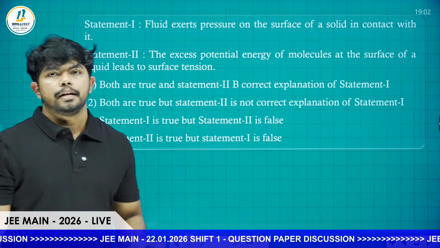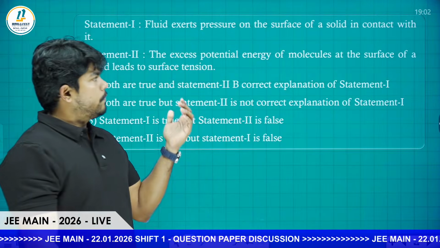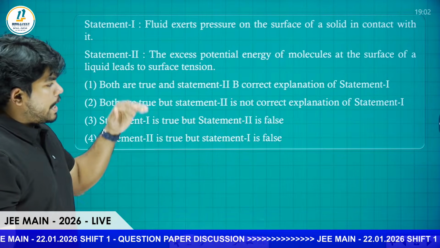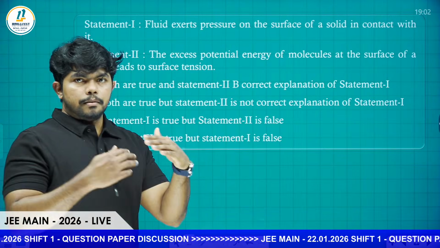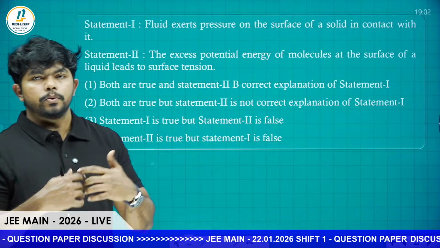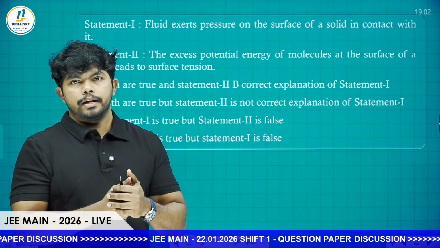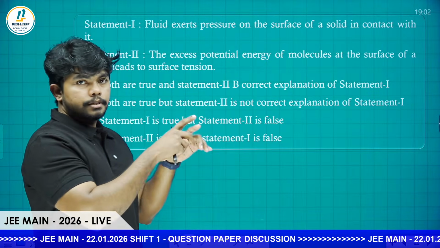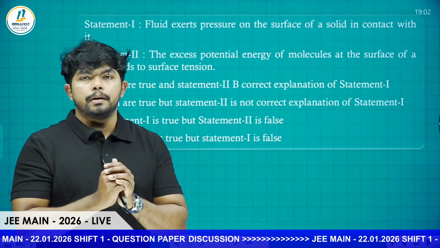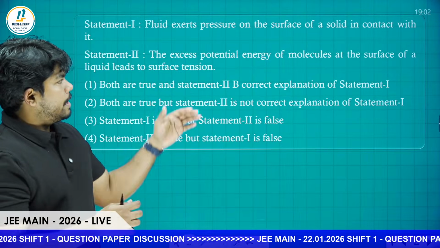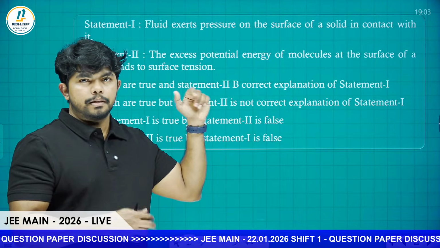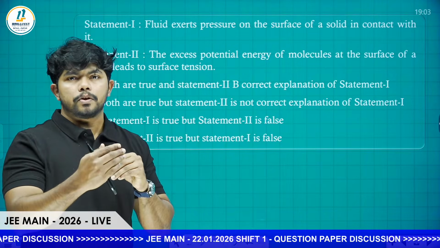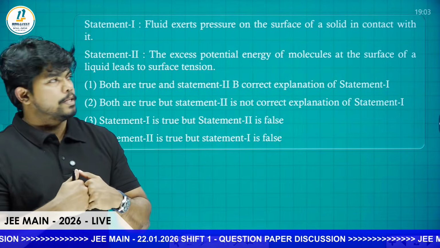Obviously, surface tension is related to the potential energy of the molecules, because the idea is that a minimum number of molecules will exist at the surface of a liquid than inside, because within the liquid the attraction and energy will be minimum and it will be stable, but at the surface it will be highly unstable. That is why a minimum number of molecules will be at the surface.